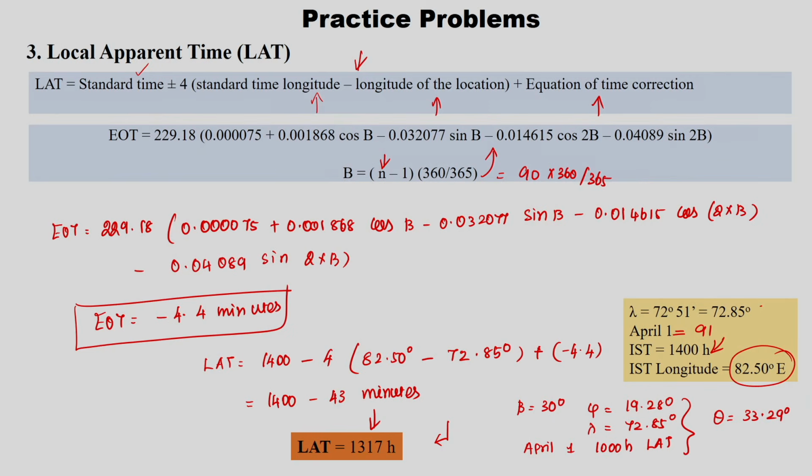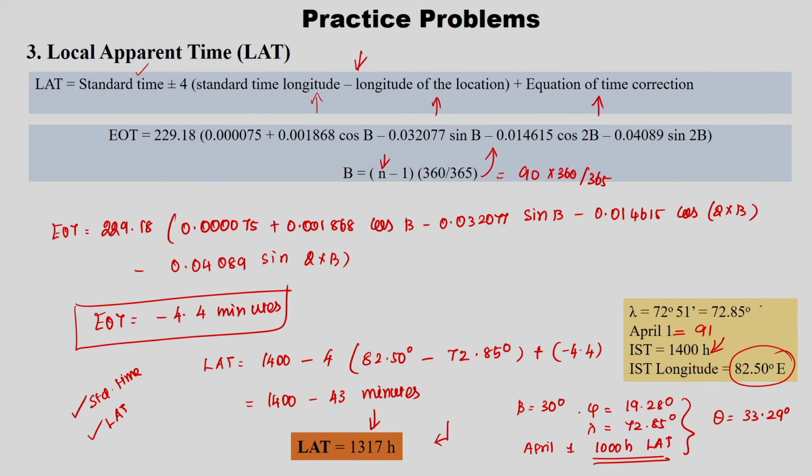Then we learnt how to calculate local apparent time for the standard time given. As we discussed in lecture 2, solar time can be of two types: the standard time we normally use, and local apparent time.